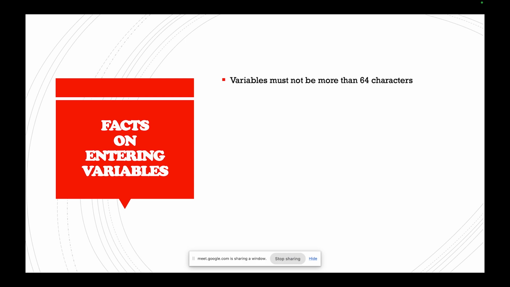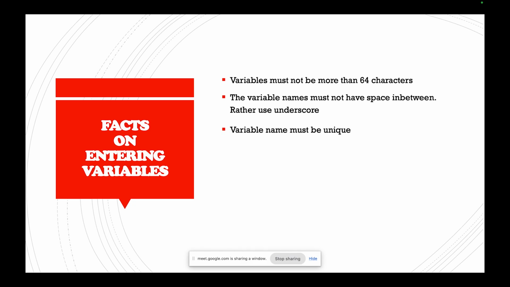Then the variable names must not have spaces in between them. Instead of using spaces, you can use underscore. I'm sure you understand what I mean by underscore, and we'll practicalize that too. You use underscore because that's what SPSS understands, especially when you're entering variable names.